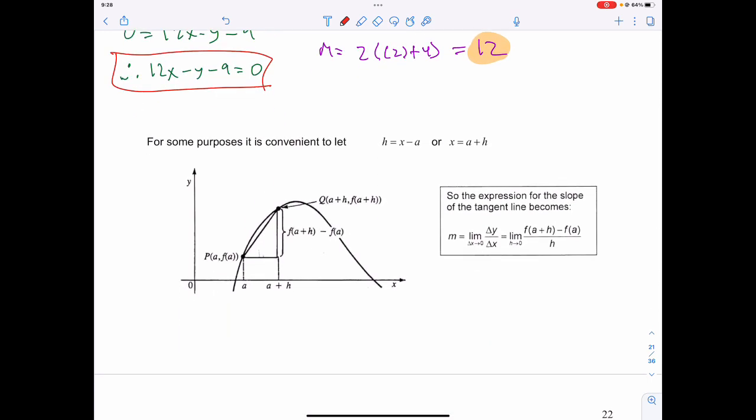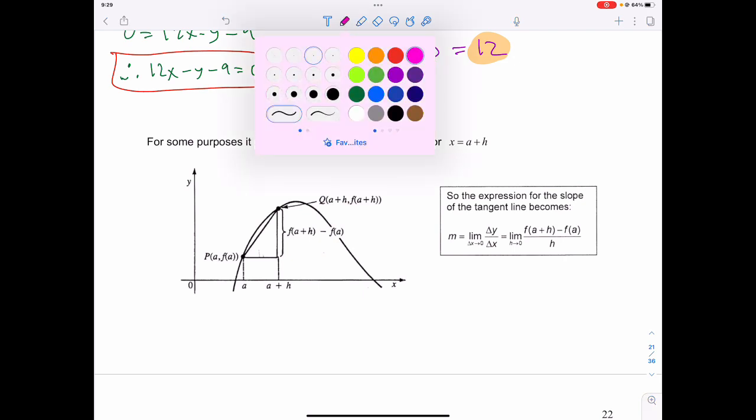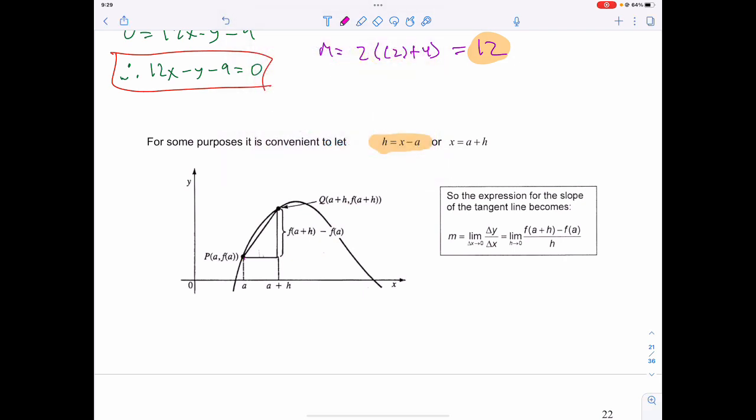Another formula we can use, based on the previous one, is that we're going to change our x minus a and let it be represented as h, which means the change in x from the denominator is just h, how much x has changed by.